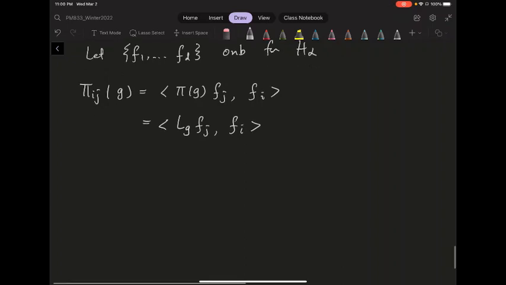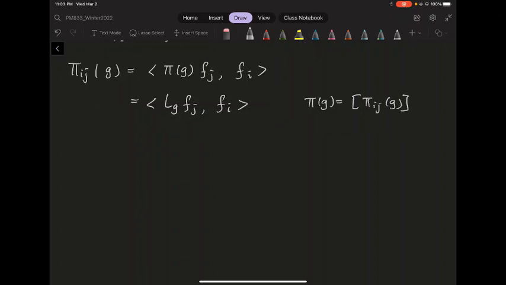Because this H alpha is invariant, we know that I can write this pi of G as this d by d matrix pi ij of G, okay? Now we want to show that this H alpha is inside E, so they're basically spanned by the matrix units.